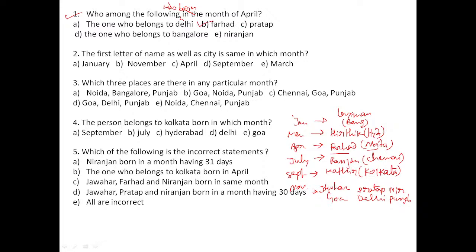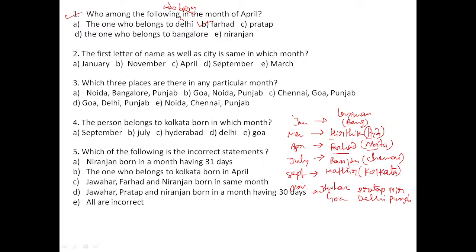Moving to the second question here: the first letter of name as well as city is the same in which month? It is Ritik and Hyderabad, because the first letter of the name and the first letter of the city is the same, H and H. Only this is correct here.